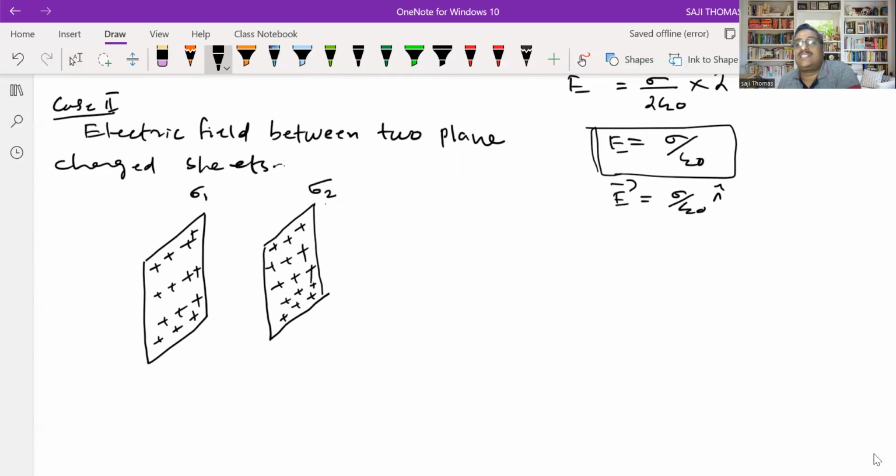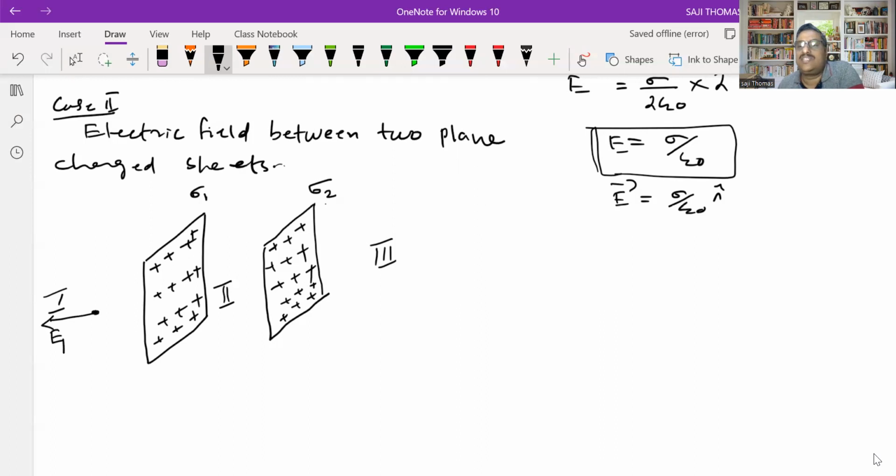You know, we can consider three regions. See, this is region 1. This is region 2. This is region 3. You consider these three regions and choose a point on the left side of the first sheet. See, at this point, on the left side of the first sheet, electric field intensity is E1.